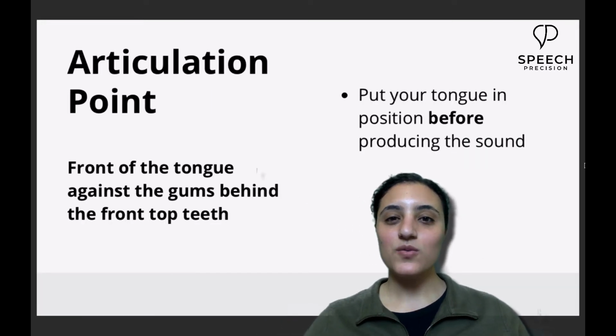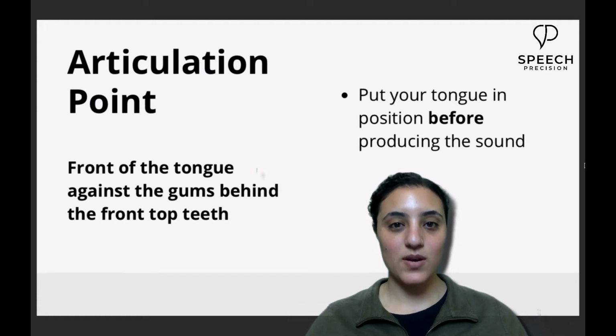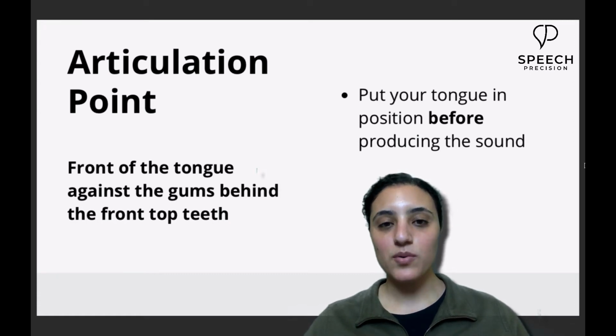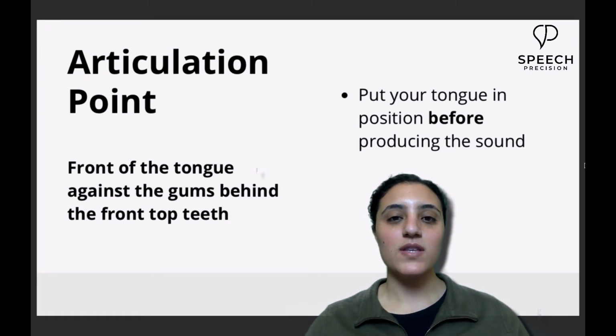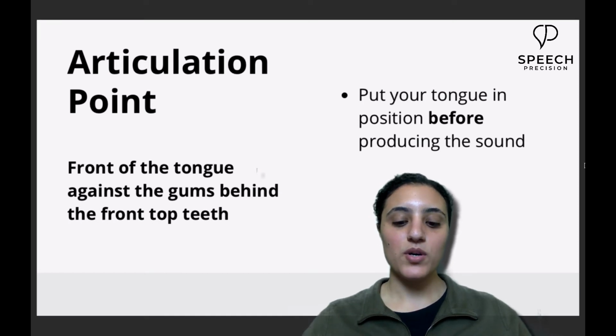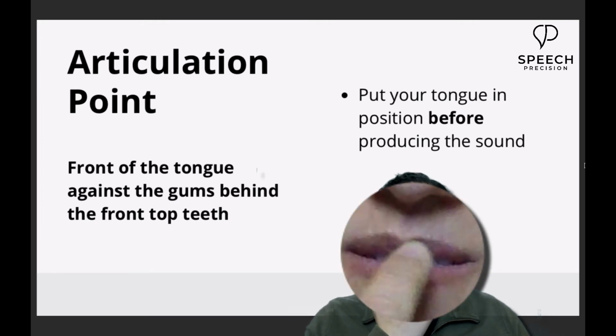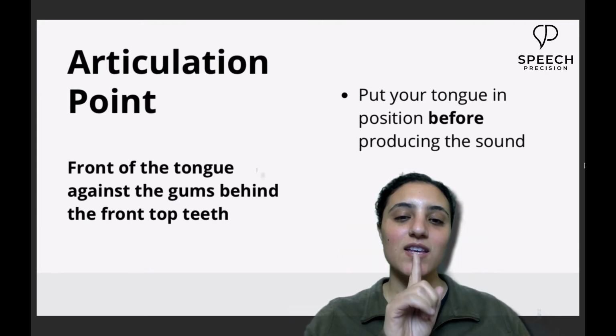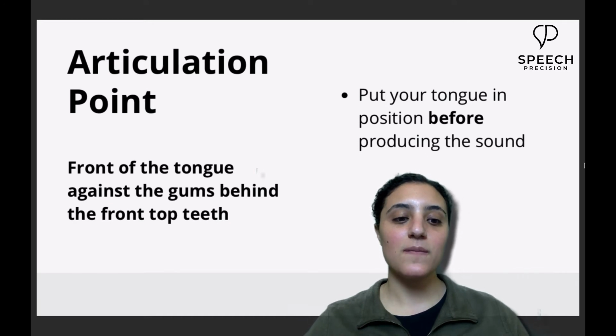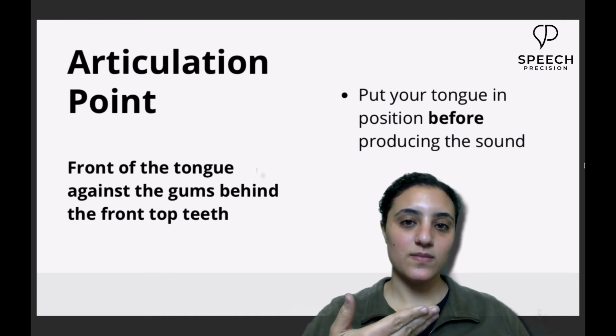So now let's go into what is different about them. How should the ta be pronounced? So the articulation point, or the makhraj of the ta, is when you put the front of your tongue and you push it up against the gums just behind the front two teeth, these ones. The gums just behind those teeth, that's where your tongue should touch, okay?